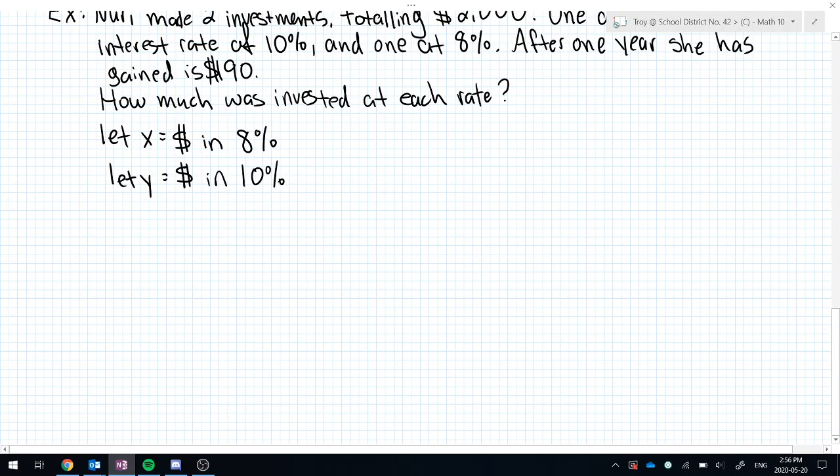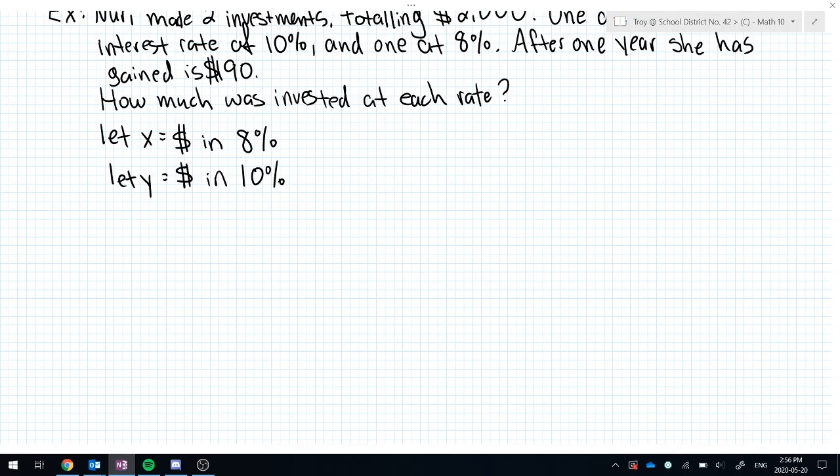You don't want to set your variables as something that you're not looking for, because once you find them, if it's not what the question's asking for, then you haven't answered the question, right? Okay, so x is the money we put into the 8% account, y is the money we put into the 10% account. So what do we know about these two values from the question?